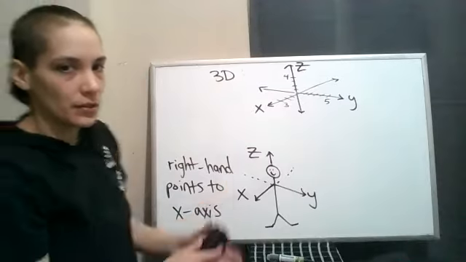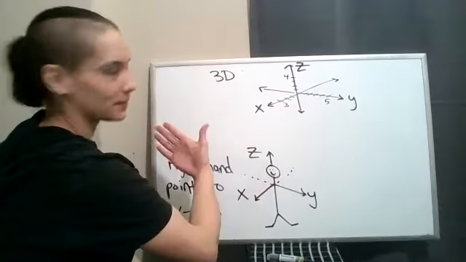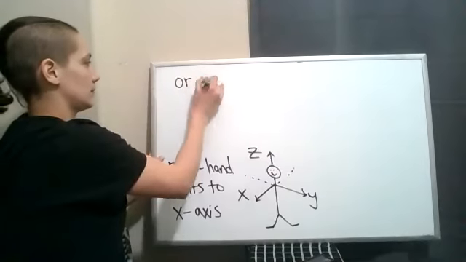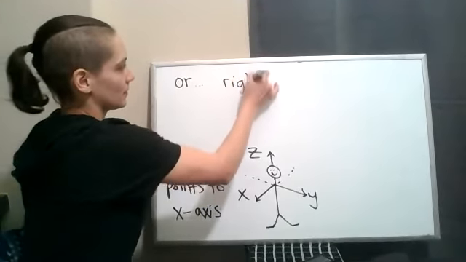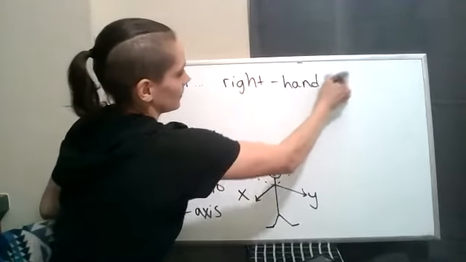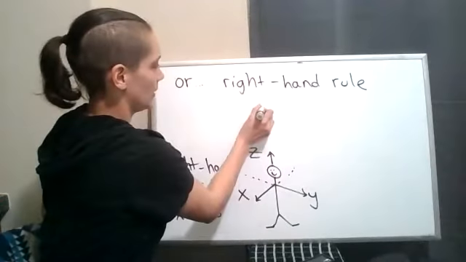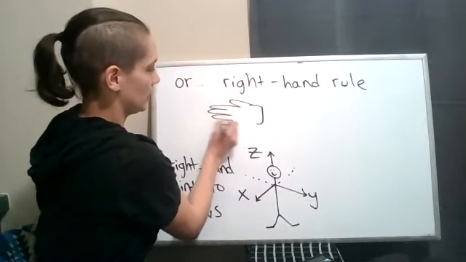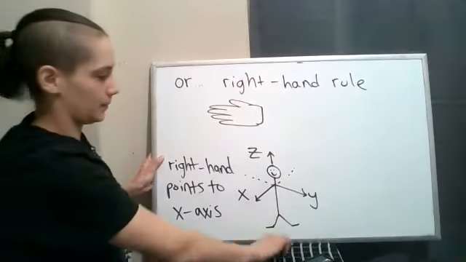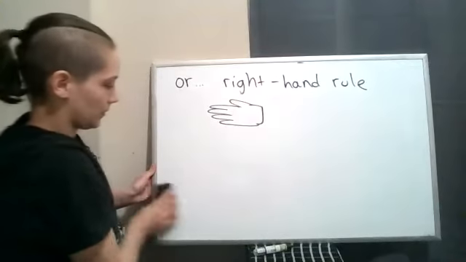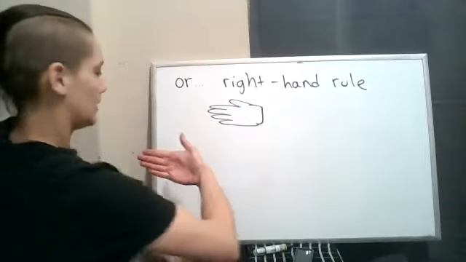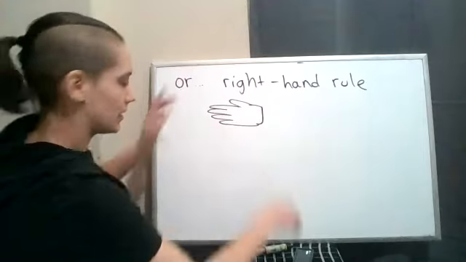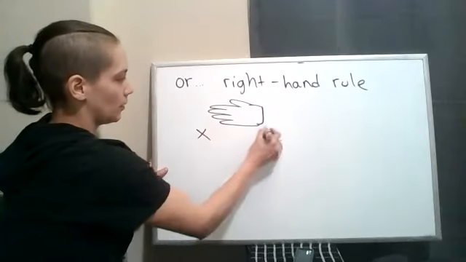The way I was shown was to draw your right hand. So you got like a palm and a thumb with your fingers. The fingers point to X, and then on this side is Y. And then if you curl your fingers in, that way is Z. So X is here, Y over there.